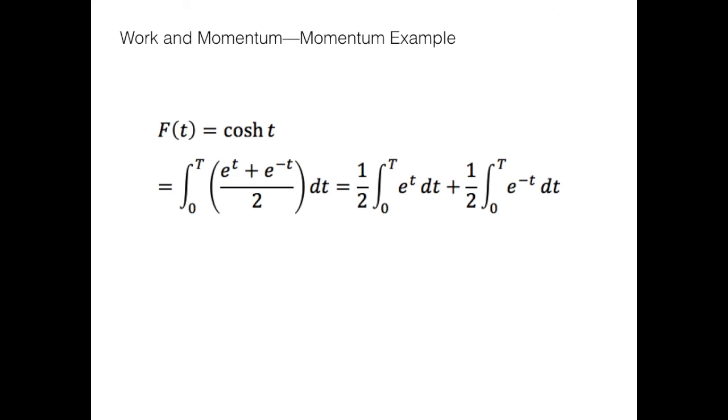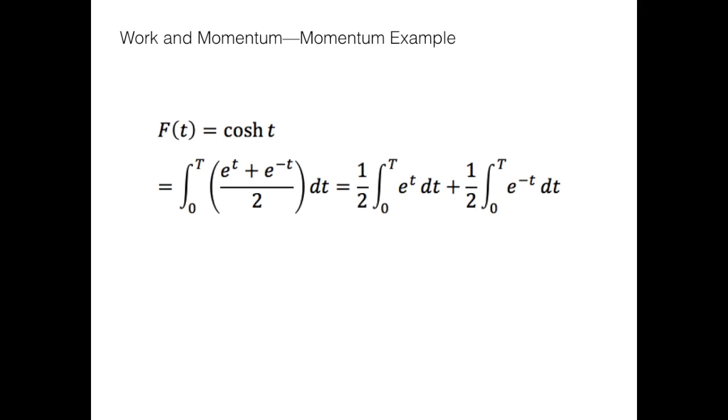When we integrate from 0 to t, we are going to use that identity that we saw for cosine hyperbolic when we were looking at hyperbolic functions, and that's e to the power of t plus e to the negative t over 2. So overall our integration becomes the integration from 0 to t of e to the t plus e to the negative t over 2 dt.